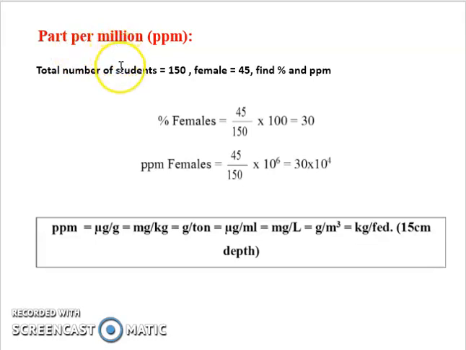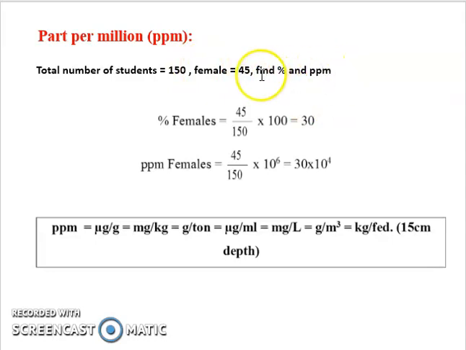Part per million. What is the meaning of part per million? I think you know its meaning, but I will repeat it again. Part per million, or ppm. If I give you an example that you have a number of students equal to 150, of whom 45 are female, then calculate the percentage of female and its parts per million.